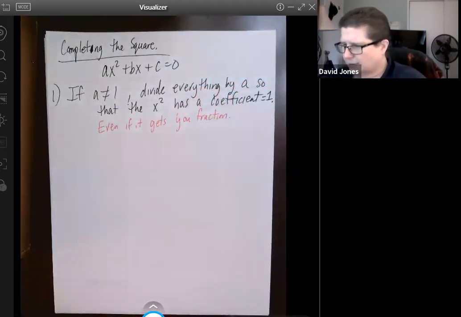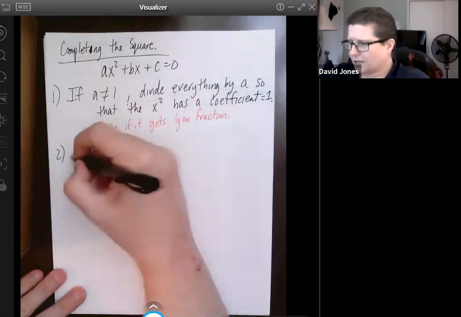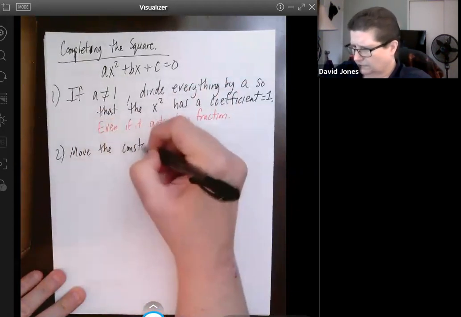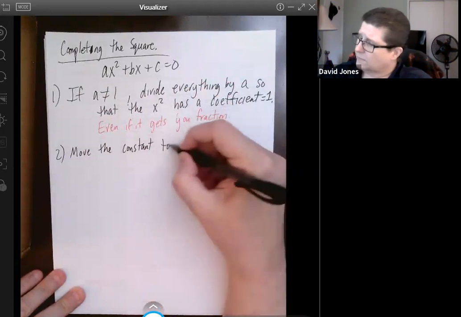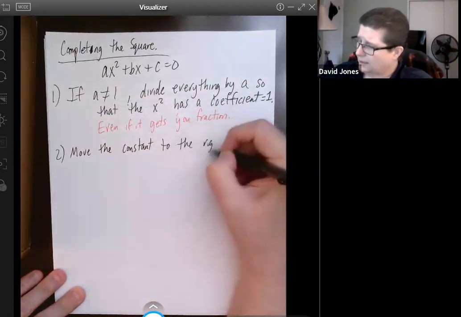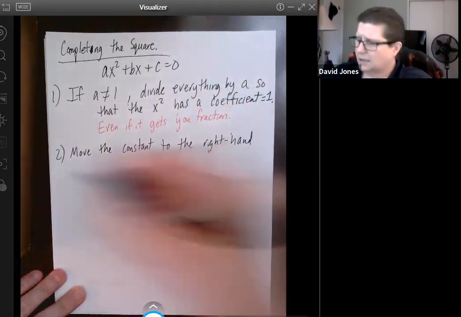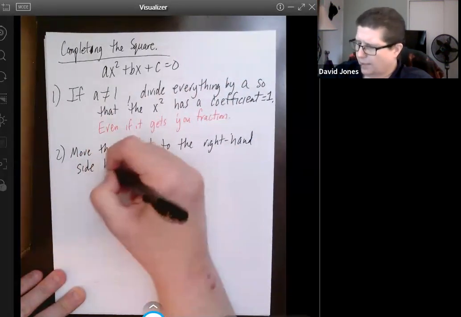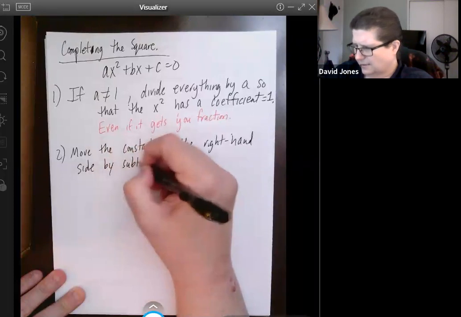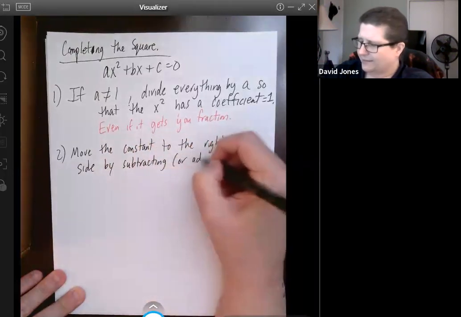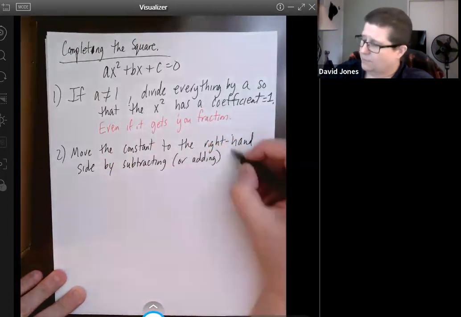Then, step 2, move the constant to the right-hand side by subtracting, or adding if it's negative, to both sides.